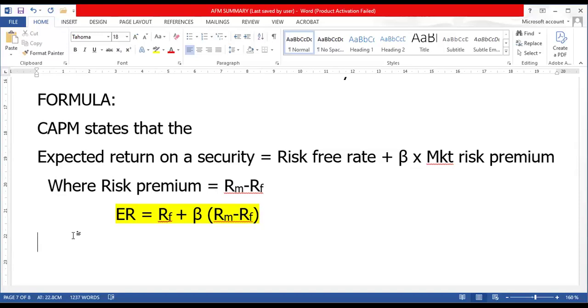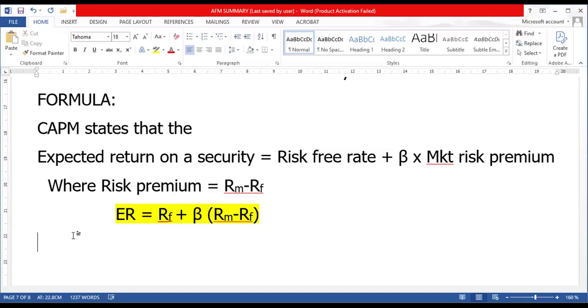Risk-free rate is just the return from the risk-free investment. That is like treasury bills. Government securities like treasury bills are risk-free. When you invest your money in those securities, the probability of losing your money is very minimal.